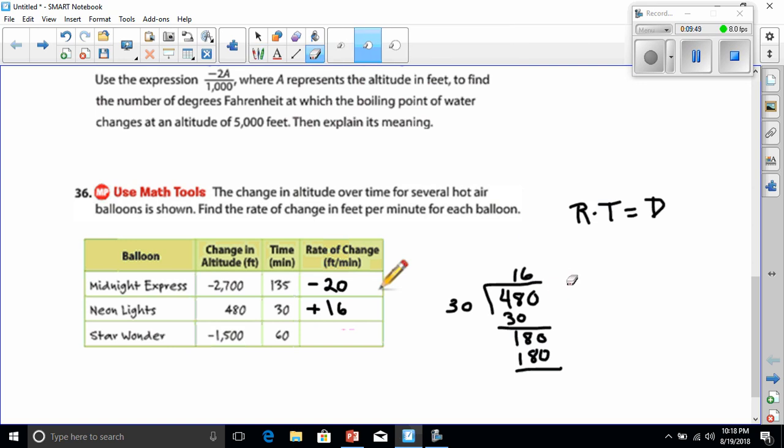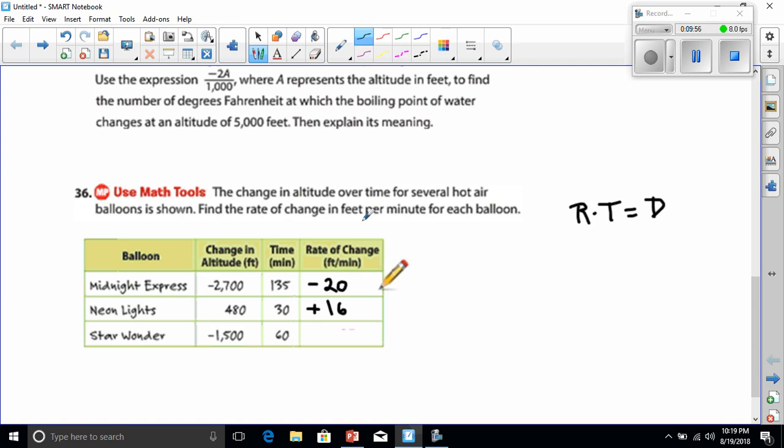Last one for the evening says Star Wonder. If we go to Star Wonder, we see it's negative 1,500. We're going to divide that by 60. How many times does 60 go into 150? Well, I'm going to say twice, because 6 times 2 is 12, so this will make 120.